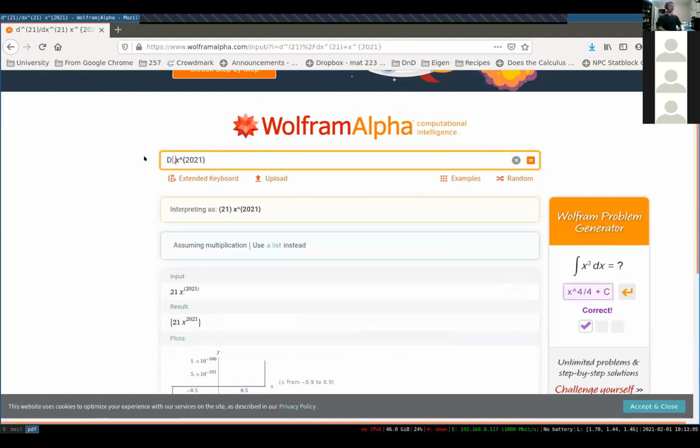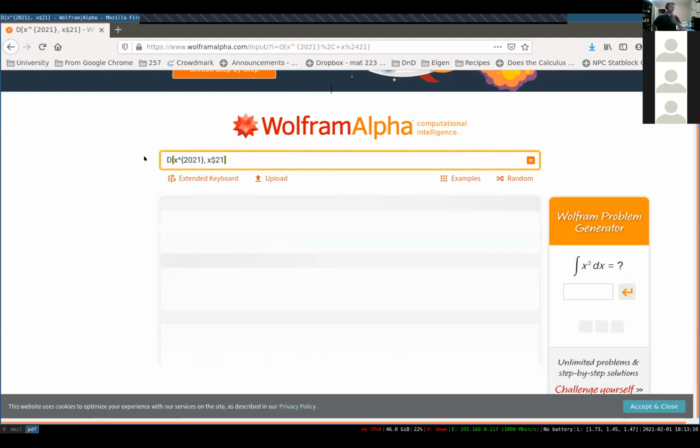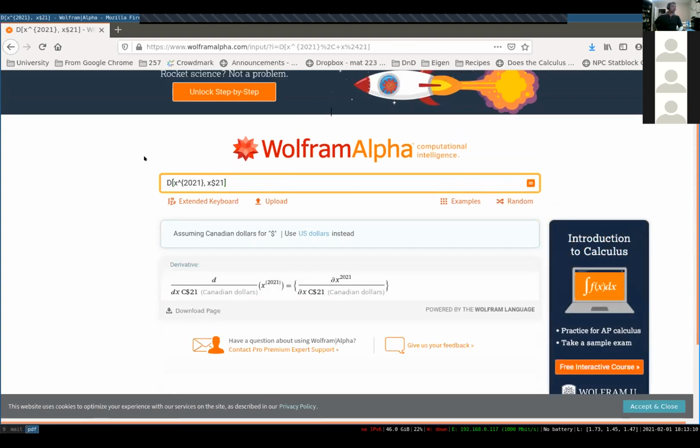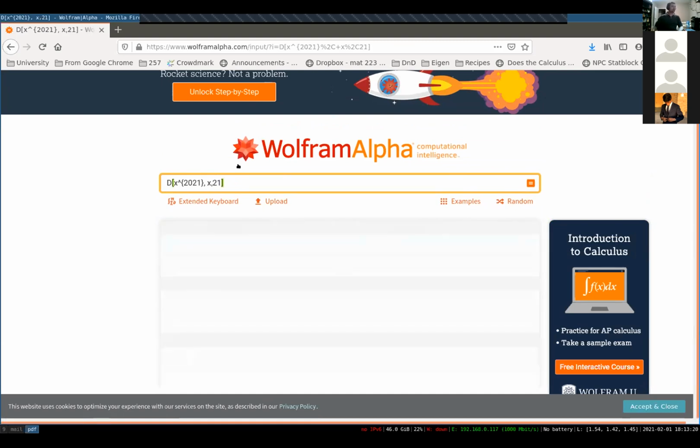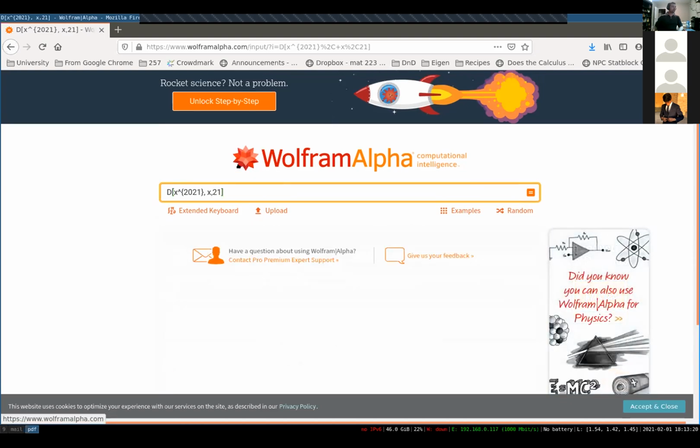Anyway, the correct notation, I think, is this. Will that work? Close, except somehow it got Canadian dollars, but maybe x comma 21. Who knows? Okay, right.